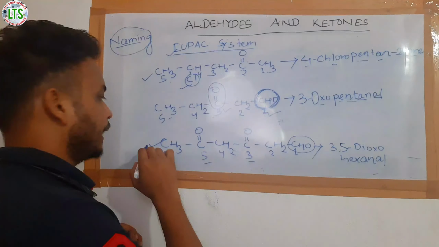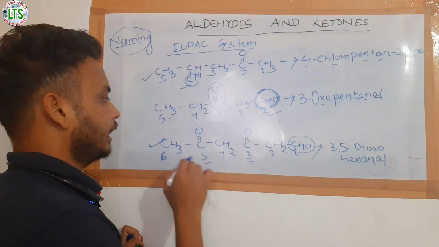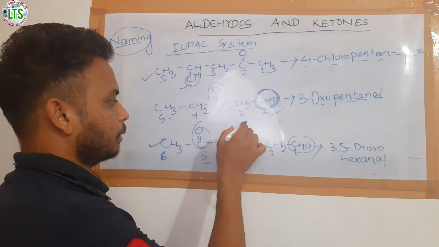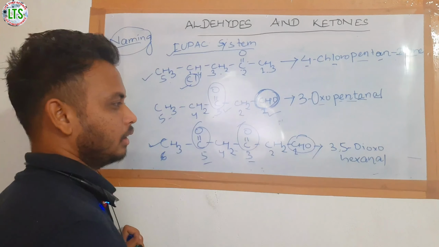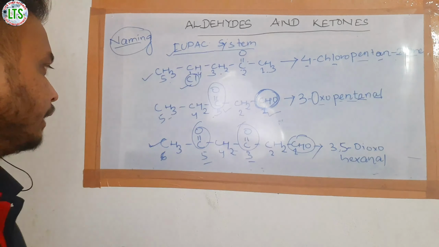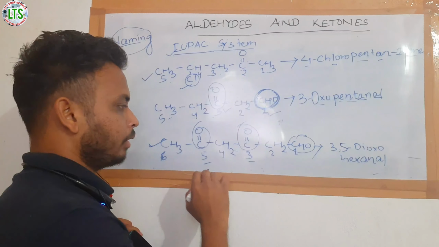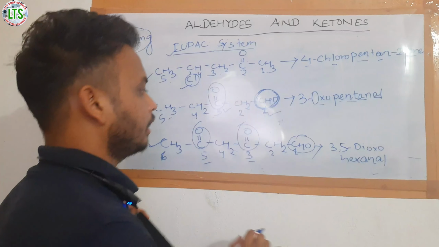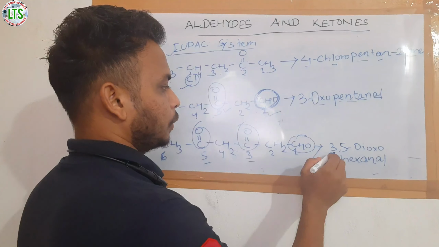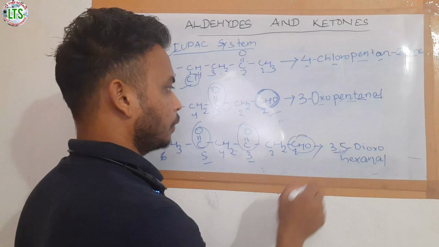Next is, if compounds containing 2 ketonic groups and 1 aldehydic group, we can write the naming by first writing the location of the oxo substituents or ketonic groups.